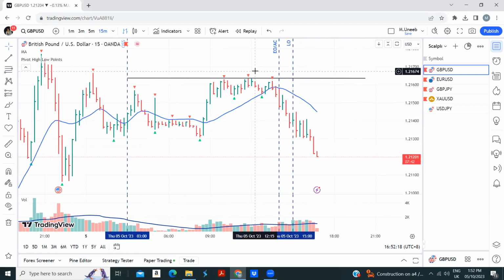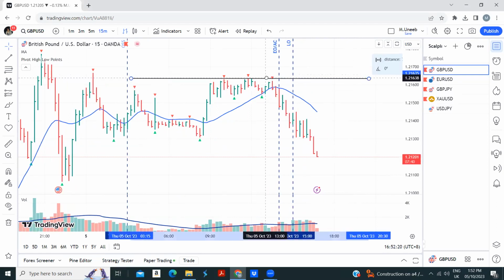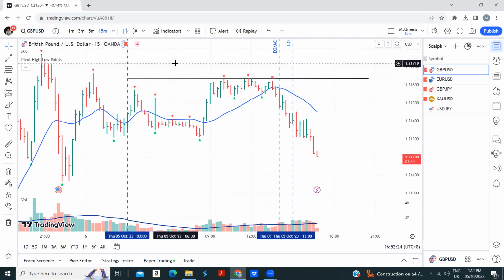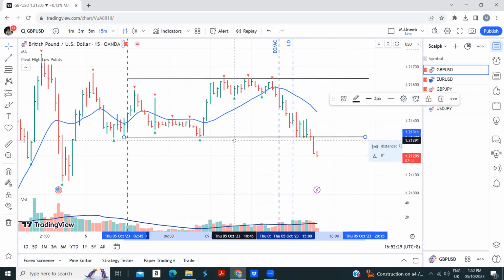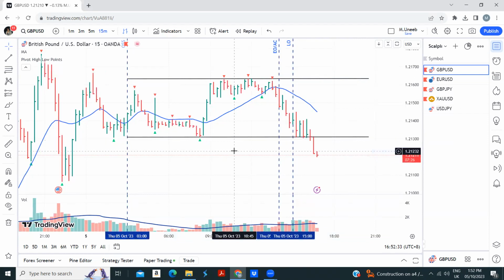I will bring it down just to fit it around. And then I'm going to mark down my lower one, the lowest swing low, which is this one here.